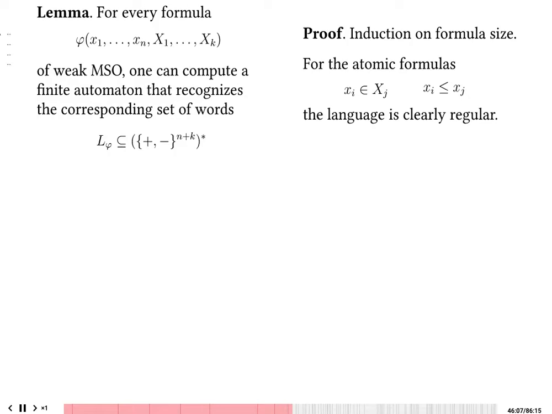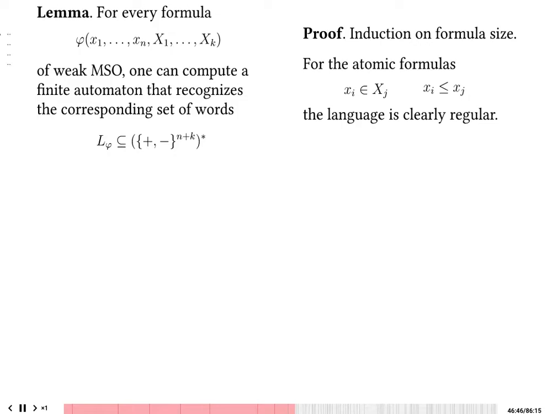Each column contains pluses and minuses, and then it checks that if you see a letter which has a plus in the position corresponding to variable xj, then you must have seen xi previously or in the same column. Again, this is a finite automaton which roughly just checks that every appearance of some subset of the alphabet is not before appearances of some other subset of the alphabet. So you can write this using a regular expression or an automaton.